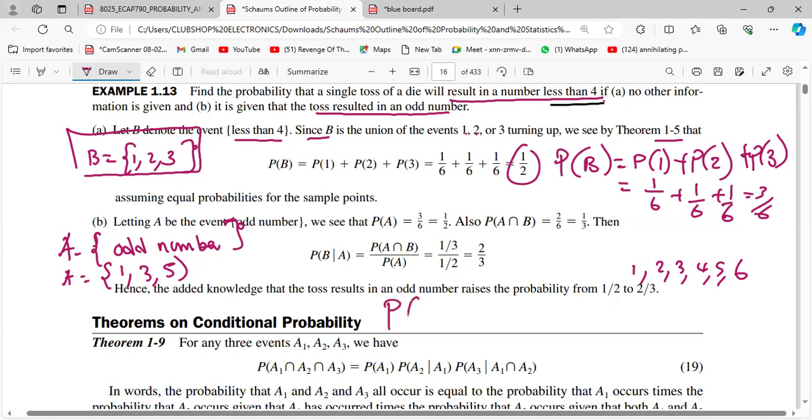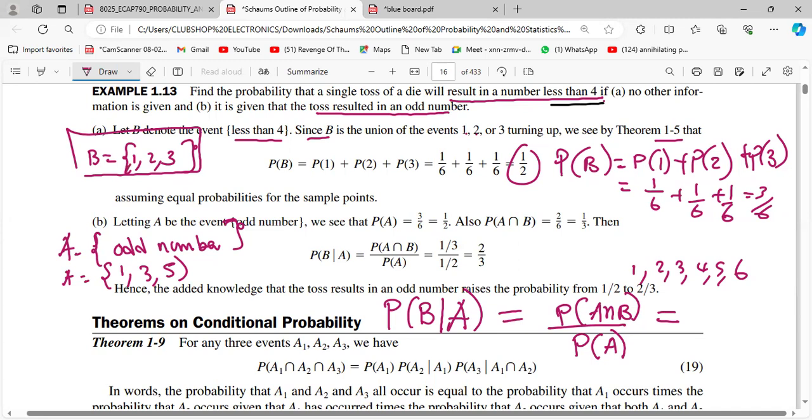We want to find the probability of B. B is a number that is less than 4, given that the toss resulted in an odd number, which is A. I hope the question is clear. And we say the probability of A intersection B divided by the probability of A. Now, for A intersection B, we want numbers that are odd and also less than 4.